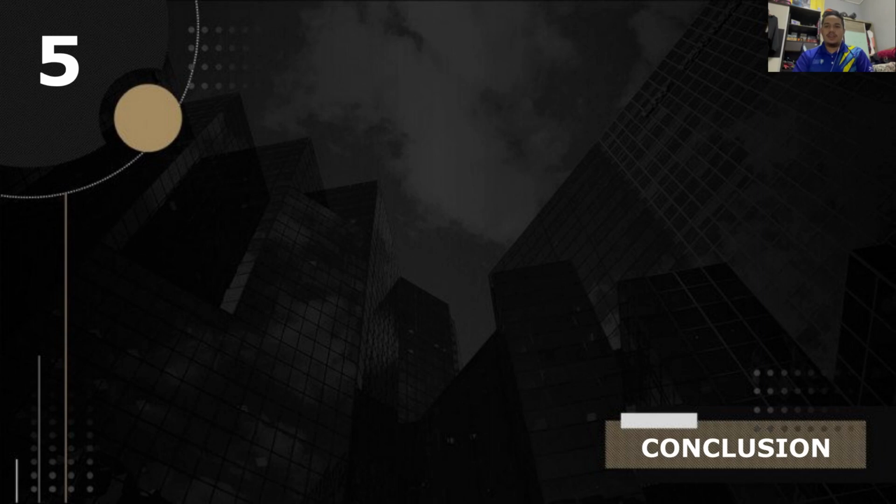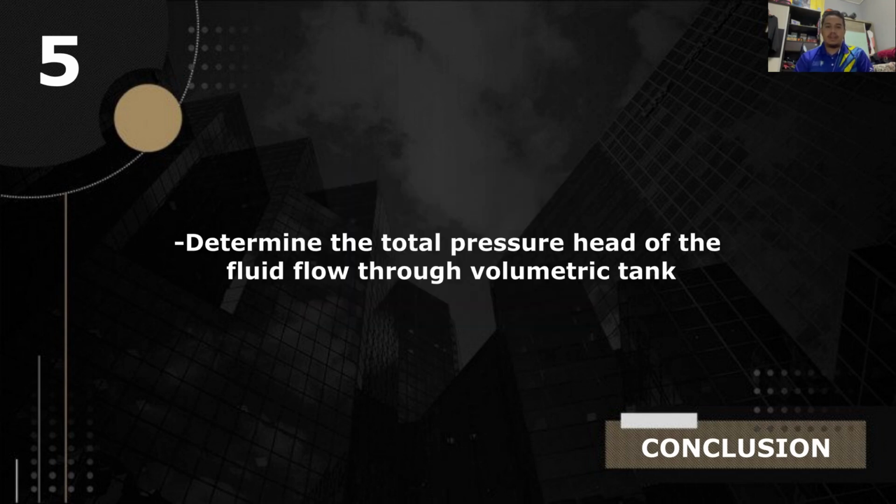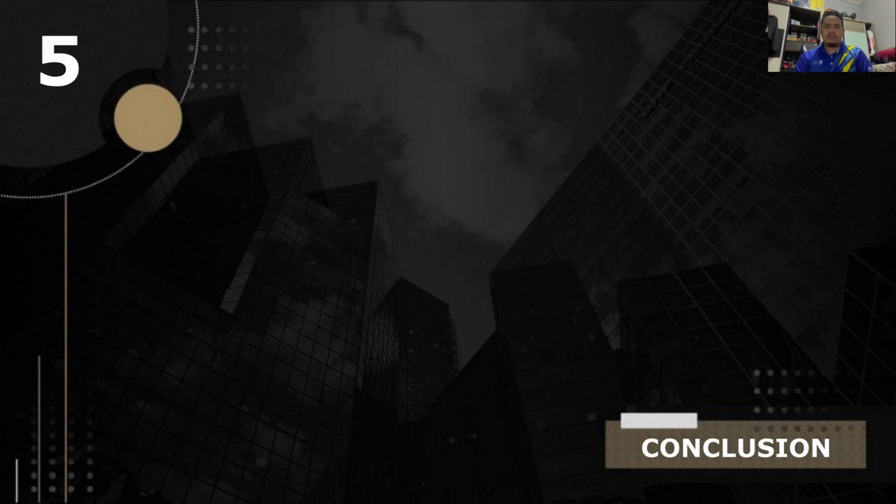As a conclusion, we have successfully done this experiment virtually based on a given video and collected data. We have also determined the total pressure head of the fluid flow through the volumetric tank. This experiment has also demonstrated Bernoulli's theorem of energy conservation in the streamline.